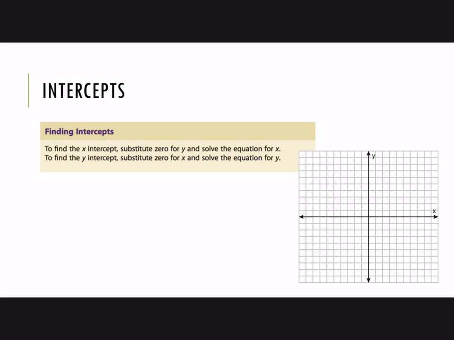So think about how we would find those points. Let's choose an x-intercept, maybe this point here. It may be a little small for you to see on your screen, but that's the point (4, 0). And let's say I choose another point on the x-axis, maybe here, and that's the point (-2, 0).